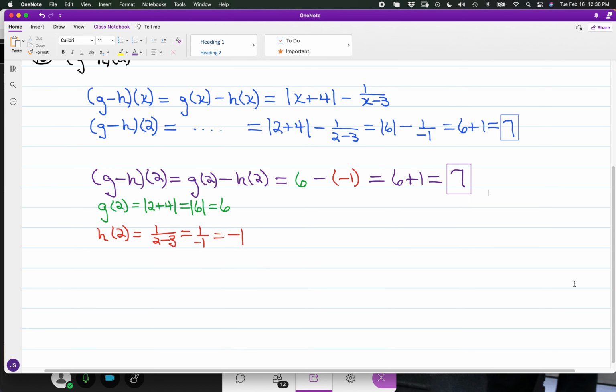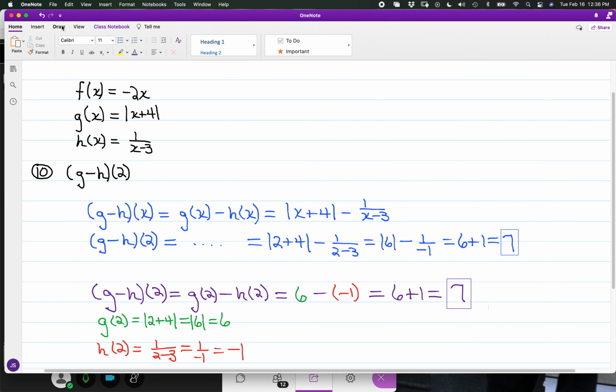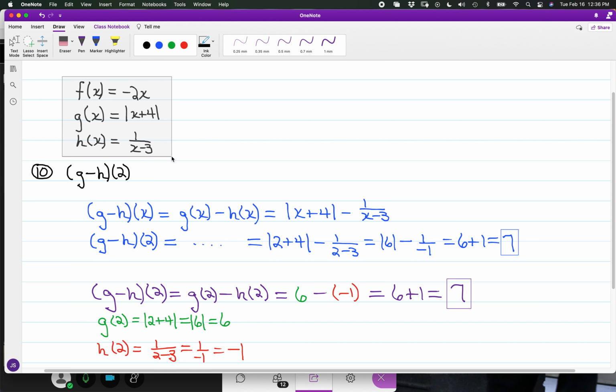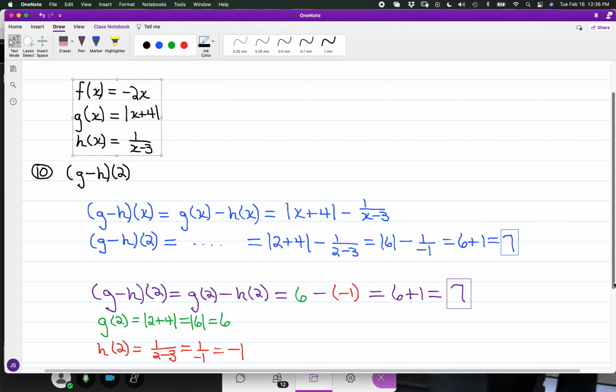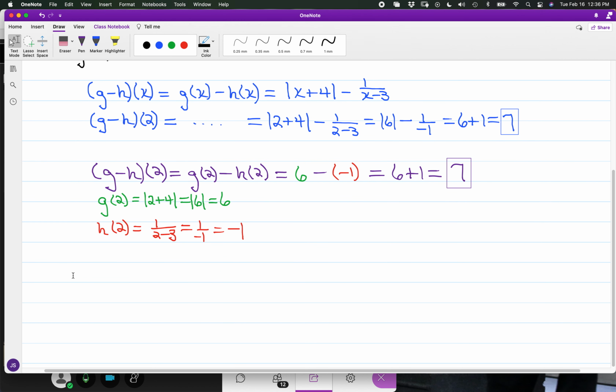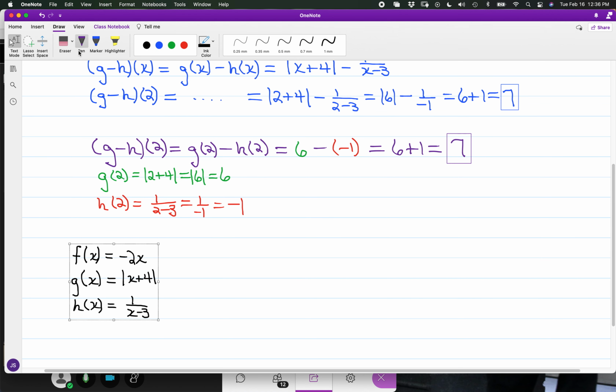Now, for what we have in the case of number 12, and tell you what, I think I'm going to just copy this trio of functions here. So for what we have in the case of number 12, this time we're looking at h times g of 4.